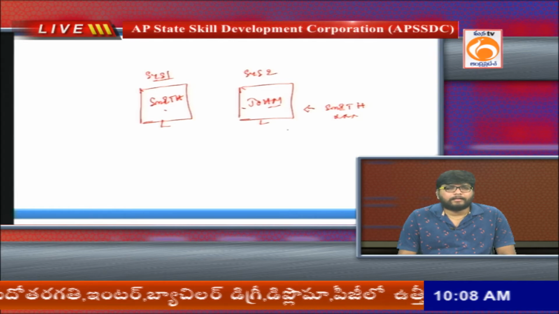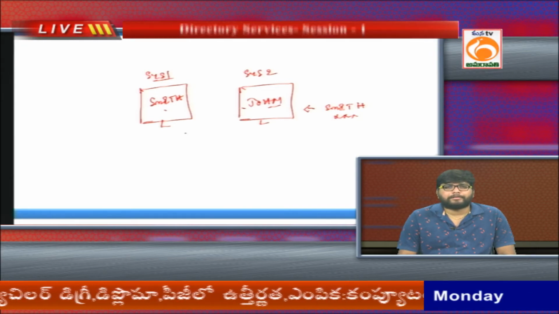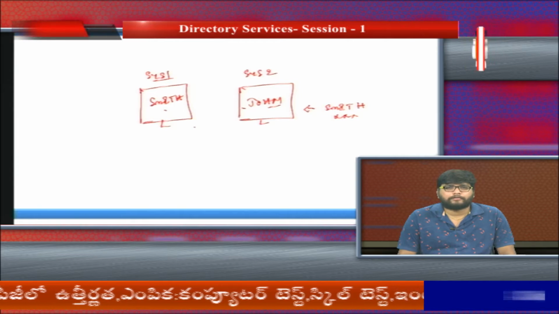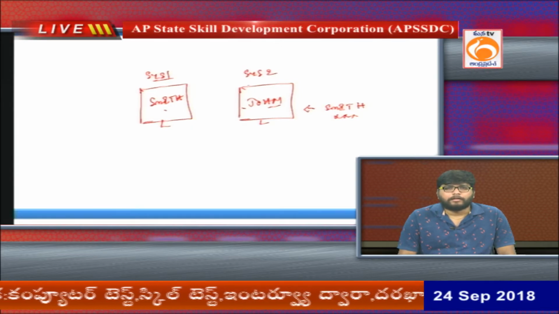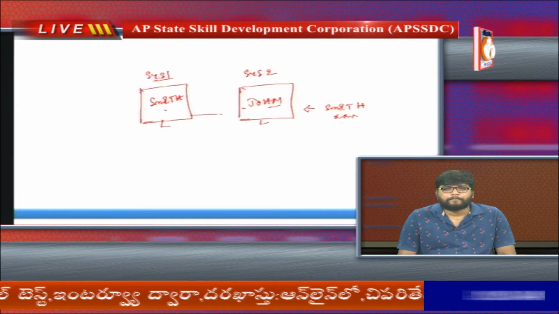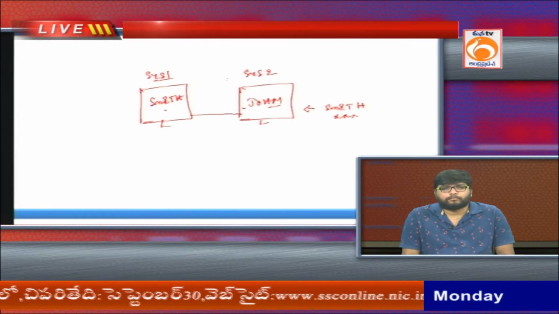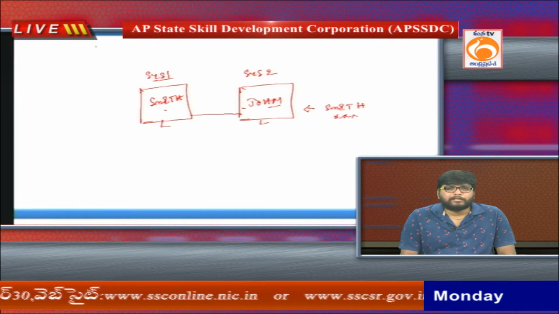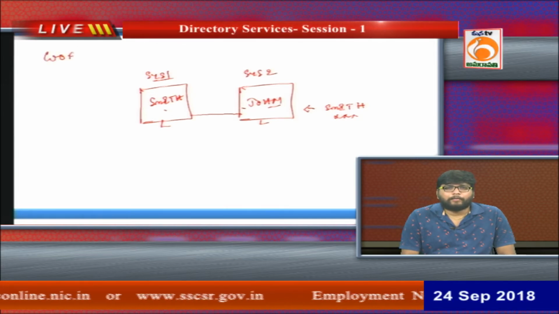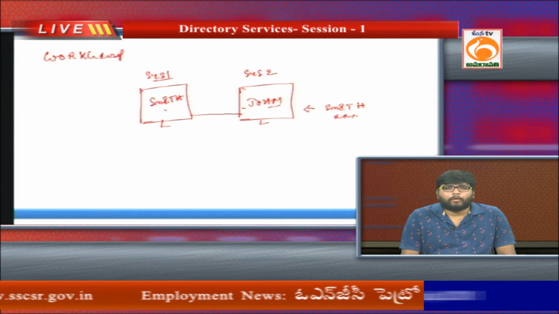What is the reason here? There are many reasons. You may say they are at two different locations, maybe not connected. Even if they are connected together, Smith cannot log into system 2, John's computer, because by default all these computers are in the workgroup model.